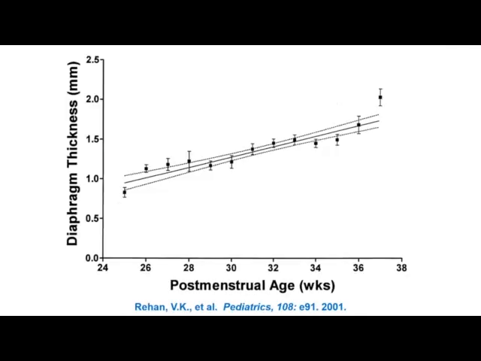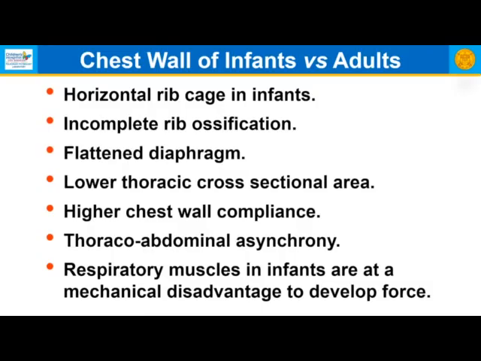Diaphragm thickness does increase with postmenstrual age, so in this case, from prematures up to full term, you can see that there is a steady increase in the thickness of the diaphragm. So the chest wall of infants versus adults: there's a horizontal rib cage in infants, there's incomplete rib ossification, a flattened diaphragm, a lower thoracic cross-sectional area, higher chest wall compliance, and thoraco-abdominal asynchrony.